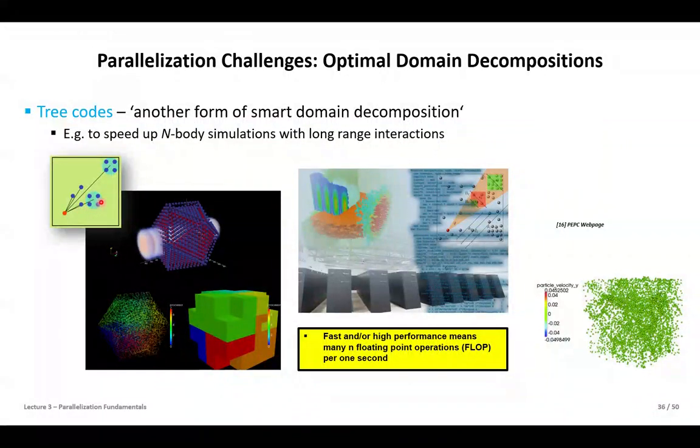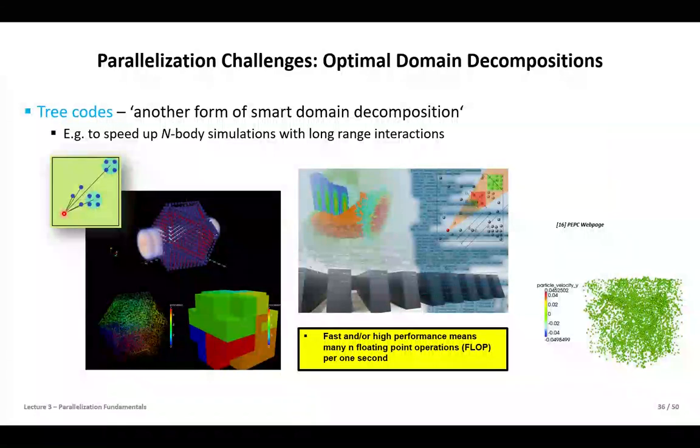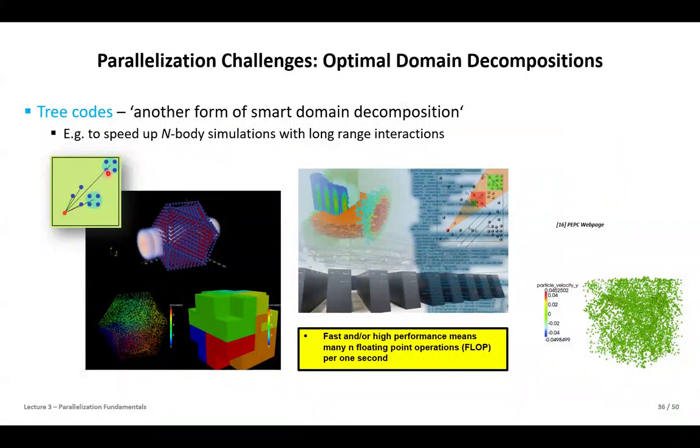Hence, in some areas, maybe for long range interaction, and you have to define what long range means, it might be a certain distance from the one you compute right now, you want to switch to a more tree-wise setup that you see a little bit here. This is just an example, and we have no time to go into it in much detail, that this particular code that we use here is a tree code. So it's not really Cartesian, in a way.